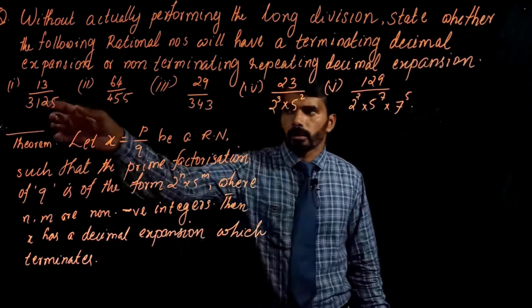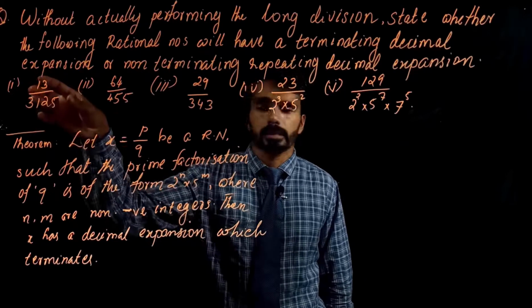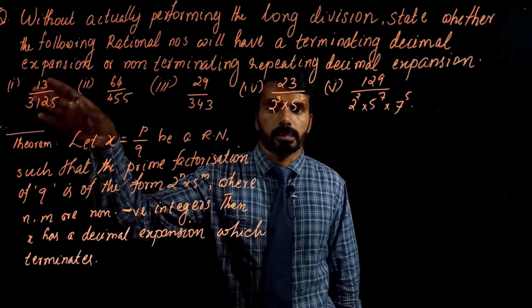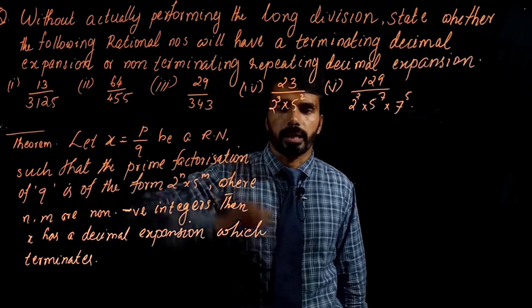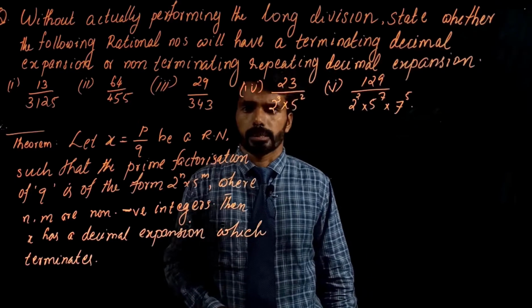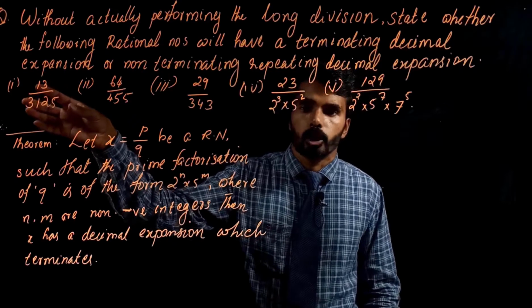So here we check whether this rational number's decimal expansion terminates or is non-terminating repeating. We have to check its denominator.